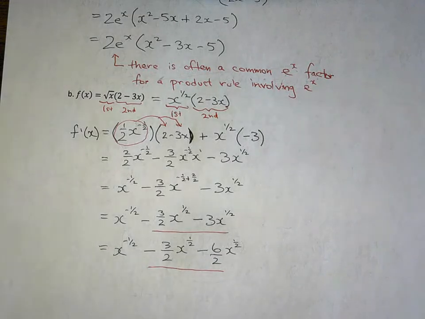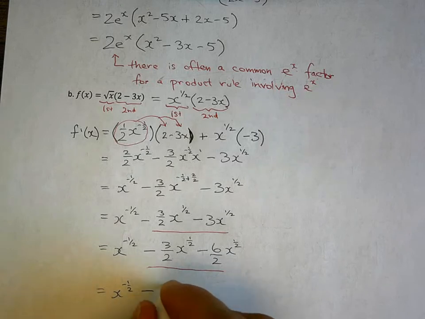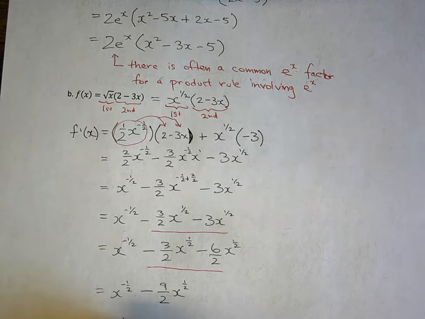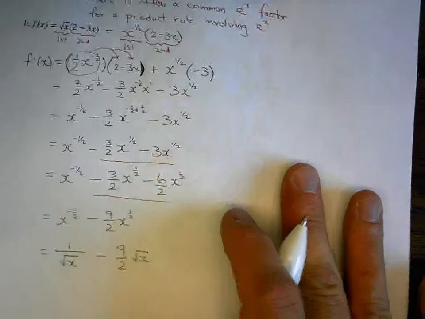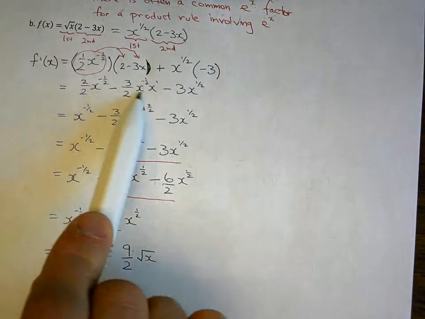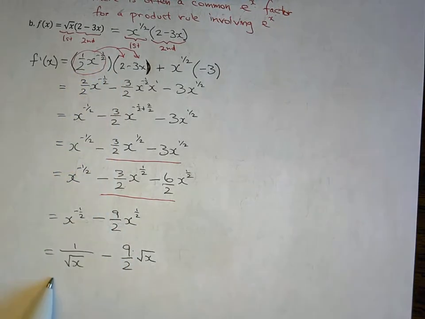So now I end up with x to the negative half minus 9 over 2 x to the half, and just for good form, I'll write this properly: 1 over root x minus 9 over 2 root x. Okay, and again, you can't see anything. So again, the calculus is actually just this first line, that's the only calculus you're doing. The rest is just algebra, which you've been doing all your life, but you finally get a nice simplified expression.